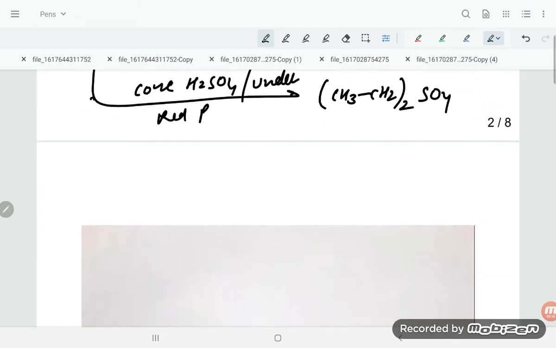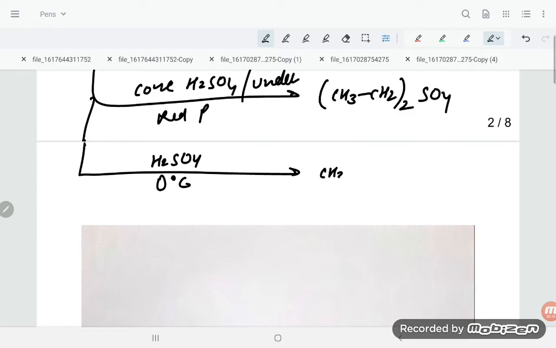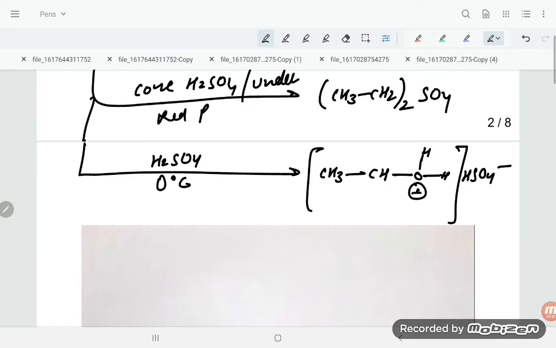If you are talking about the next reaction, H2SO4 is there at 0 degree Celsius. So the compound is CH3CH2OH2 with a positive charge, and outside it will be the HSO4 minus ion.